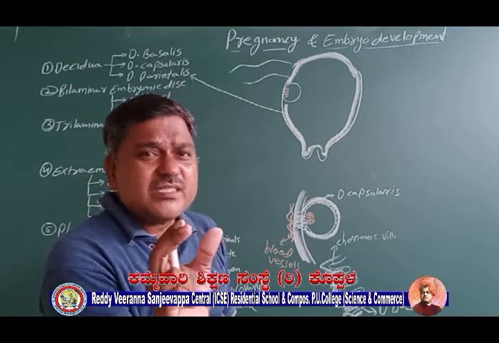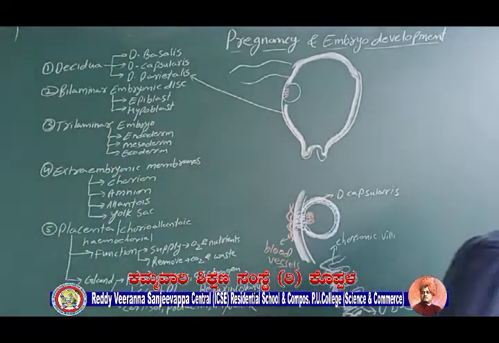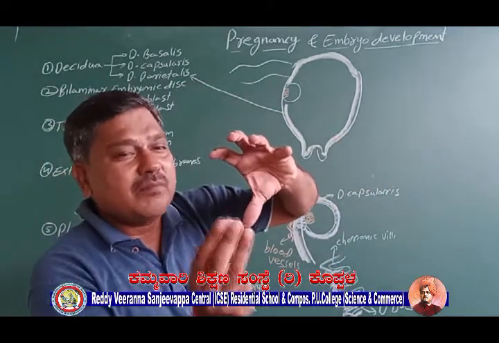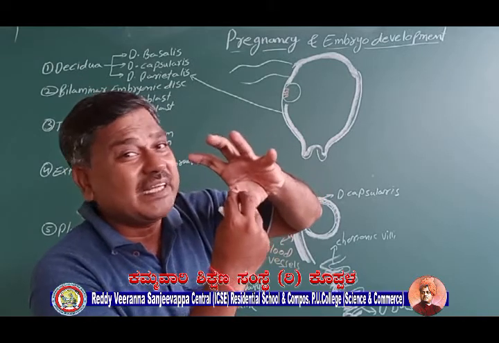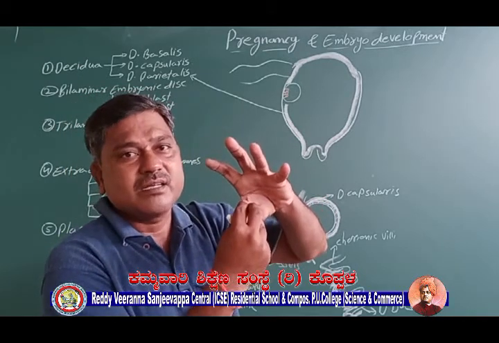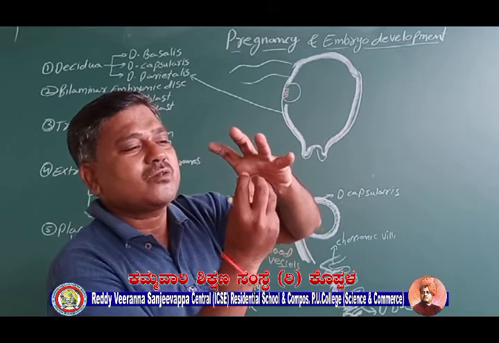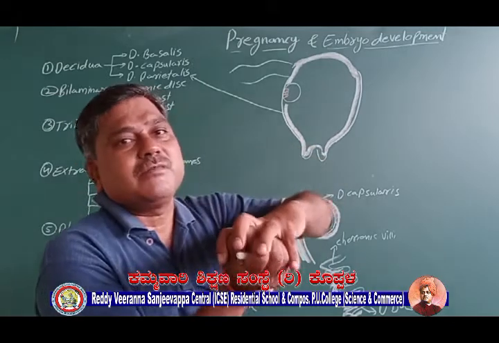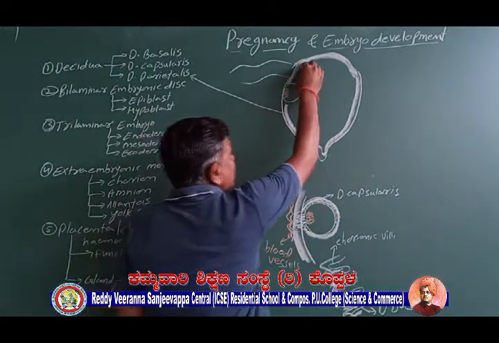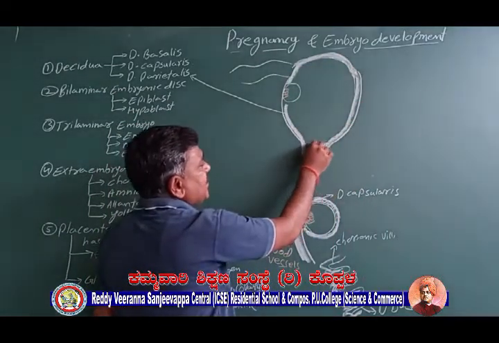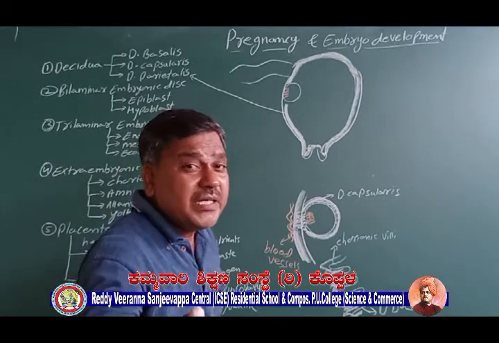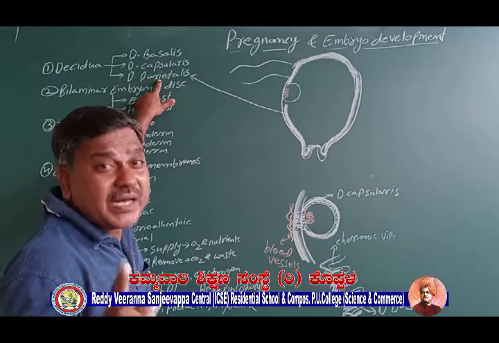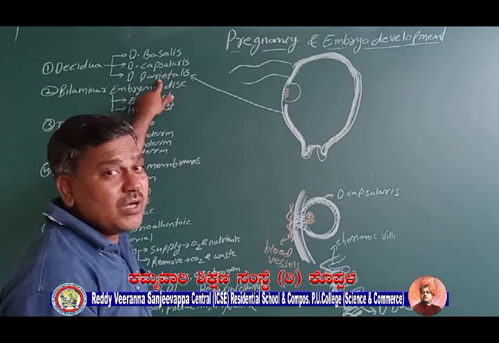Initially our blastocyst is small and the uterine cavity is large, so the blastocyst is present towards one side of the uterus. But as the blastocyst develops into an embryo, the total cavity is filled with the embryo. So the endometrium which covers the total cavity of the uterus is called decidua parietalis.